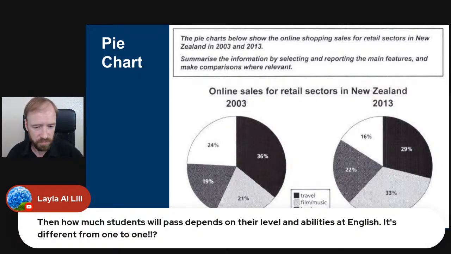How much students will pass depends on their level and abilities at English. It's different from one to one. If everyone is properly preparing for the IELTS, you are learning not just English skills. You're learning how to interpret data and summarize it.